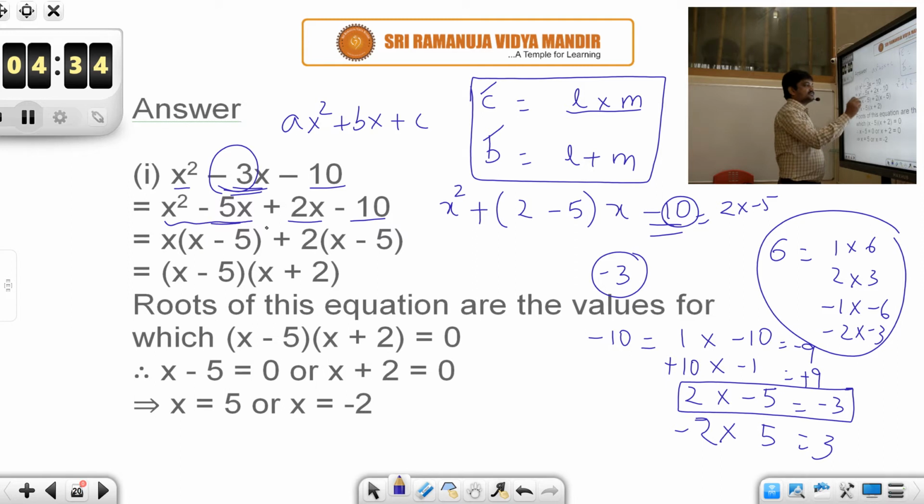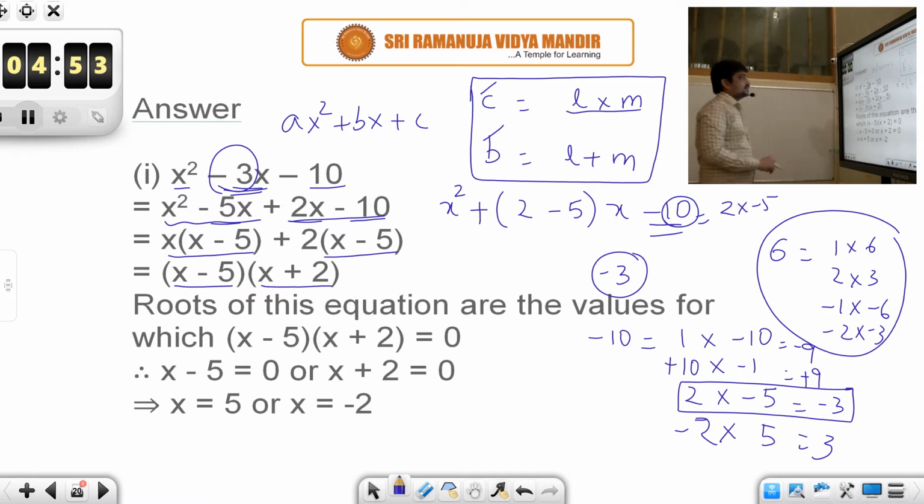Now from the first two terms, take x as common. You will be left with x times x minus 5. And from the last two terms, take 2 as common, you will get x minus 5. Now from these two, you can see that x minus 5 is common, and you will be left with x plus 2.